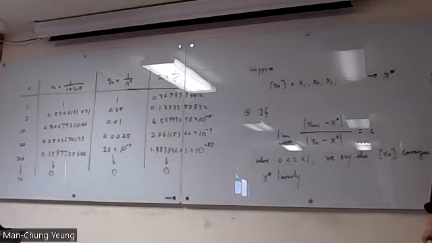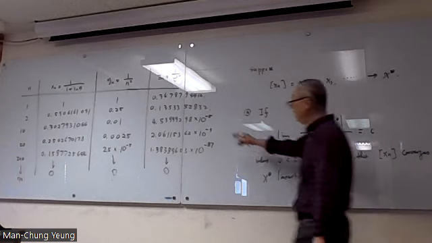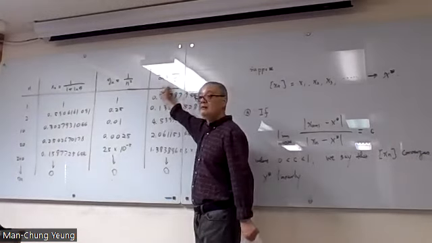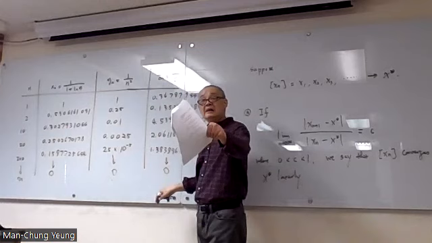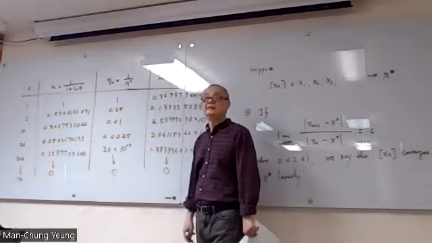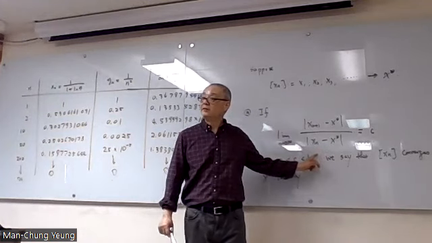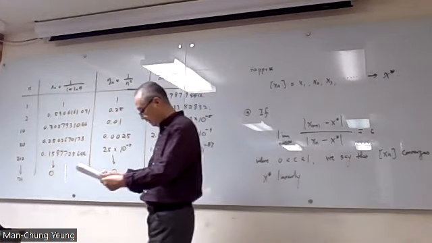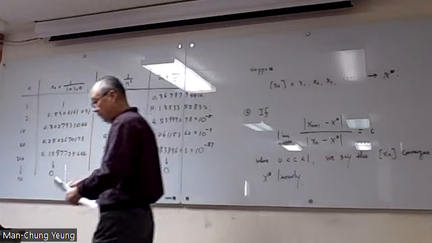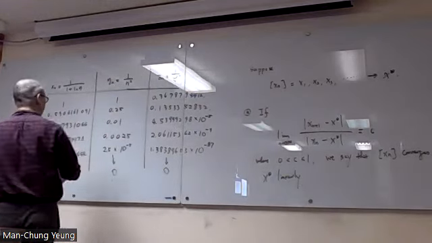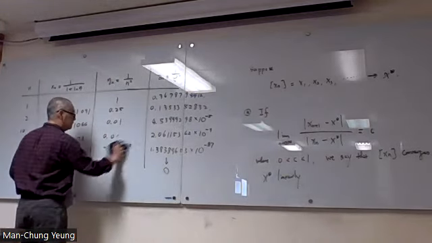Linear actually is not fast. Here, the sequence converges to 0 linearly. How? Have a check with this limit again. Let me erase.